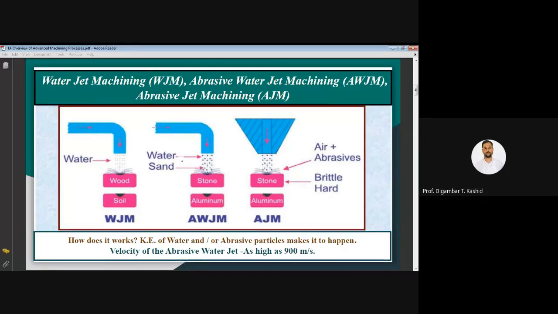Due to that erosion action, material will be removed from the workpiece in the form of small craters. That process is called abrasive jet machining. Got it?